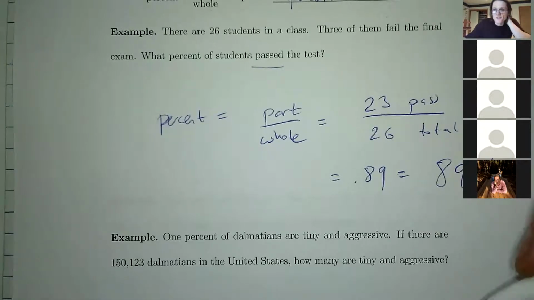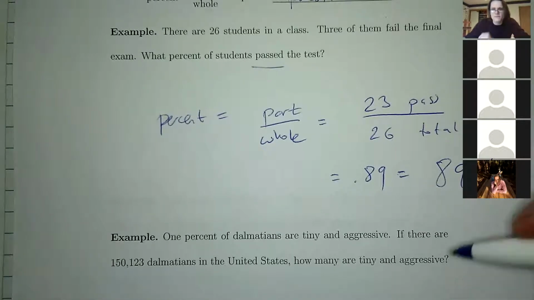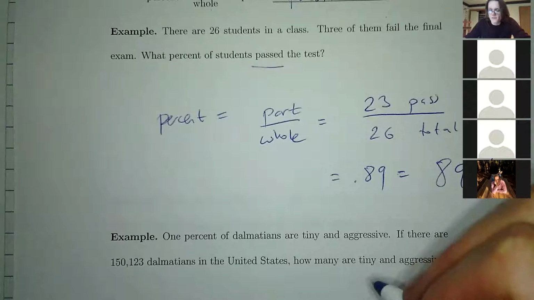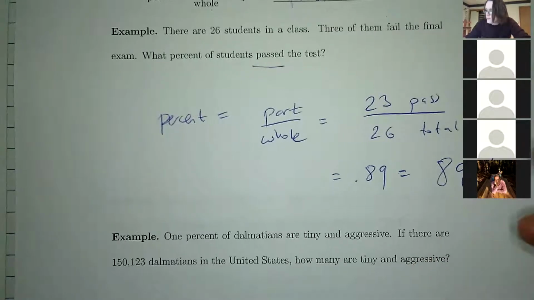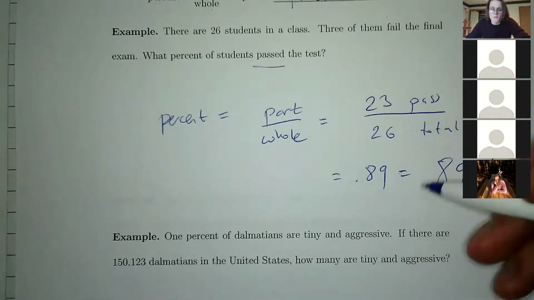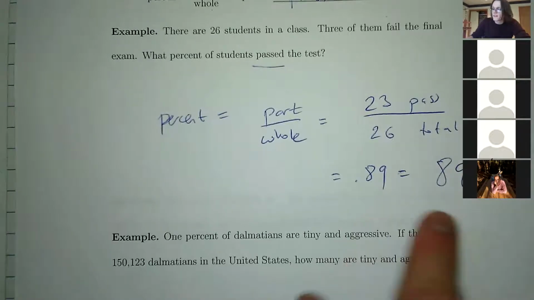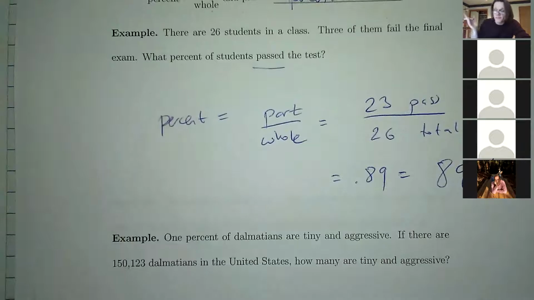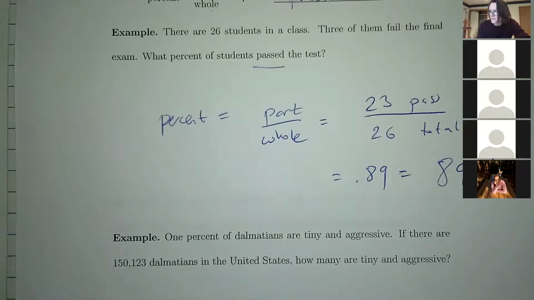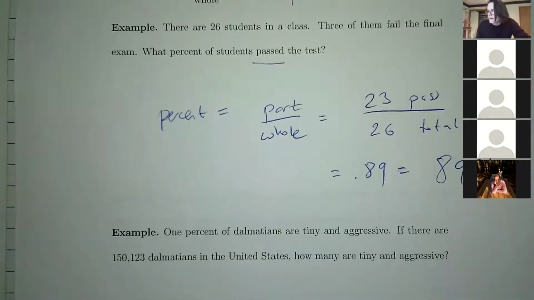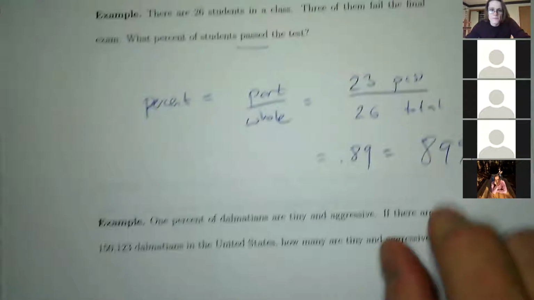Later on, there are a couple small linguistic things we have to talk about as far as percents go, but that's just one thing to keep an eye on. You wouldn't say 0.89% unless you're talking about a very, very tiny amount of percent. So 89%. Right. All right, questions there?